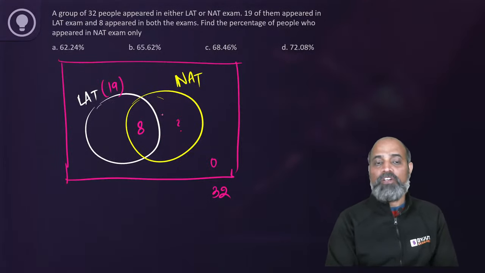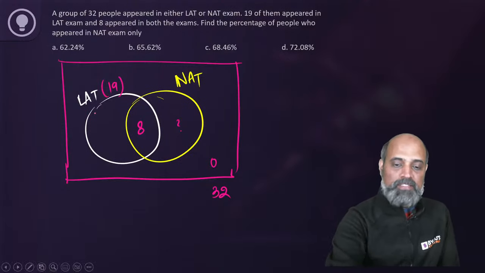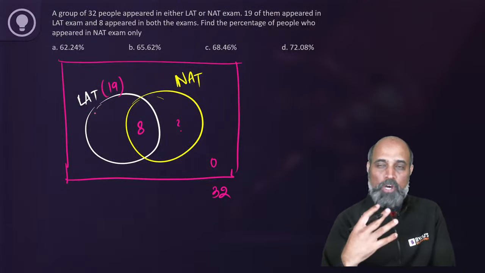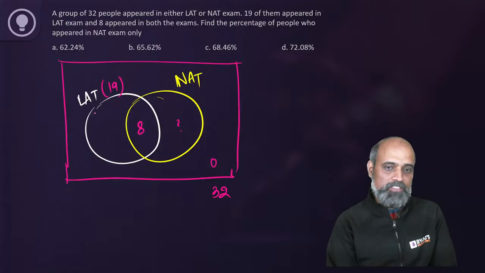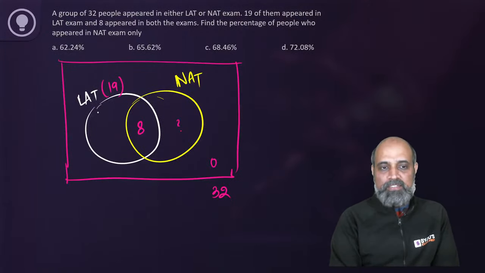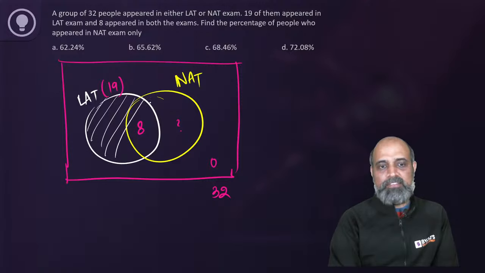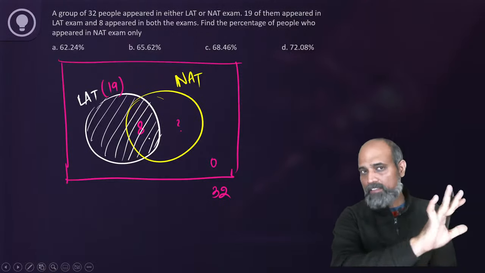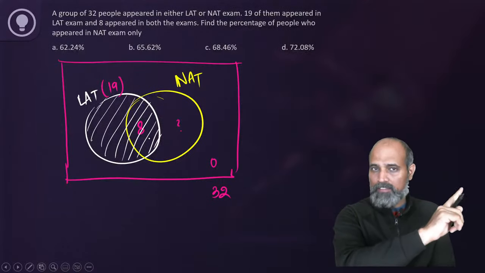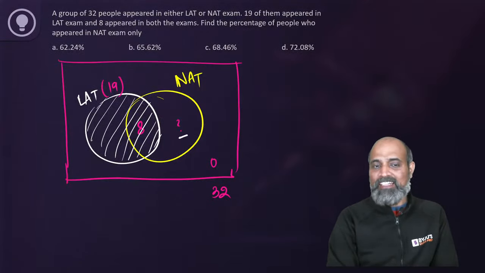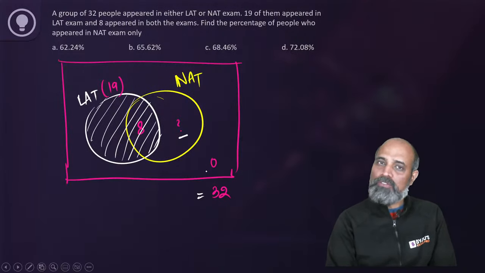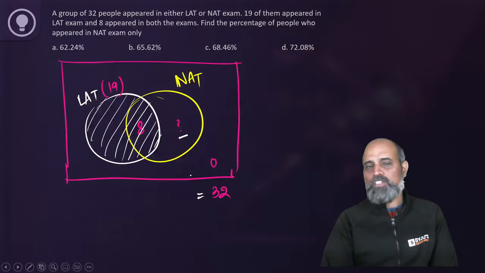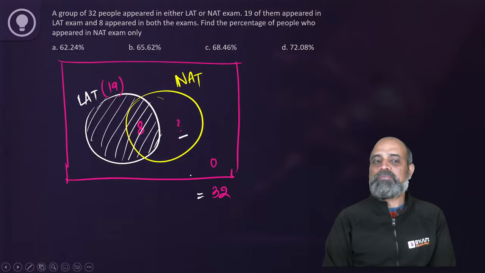Right? So simple si baat hai. It's a simple calculation. It's all about how you perceive, how you view things. See, this entire is kitna hai ye? 19. It's already written outside the circle. 19 plus what is going to be equal to 32 because this is 0, है ना? So 19 plus what number will become that?